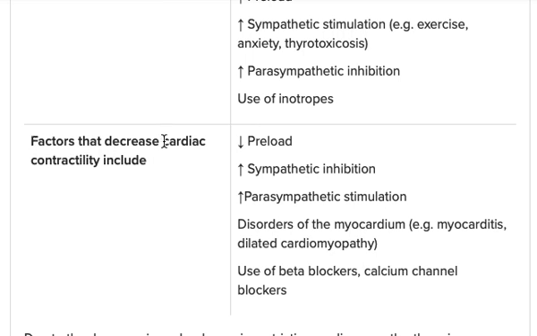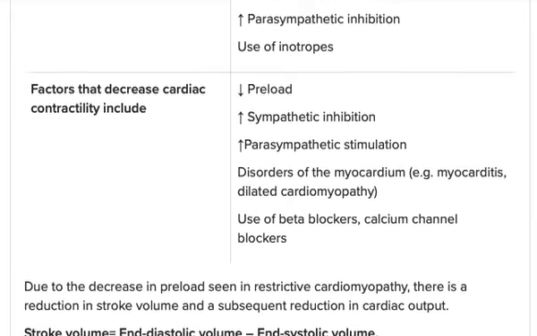Factors that decrease cardiac contractility include decreased preload, sympathetic inhibition, increased parasympathetic stimulation, disorders of the myocardium, for example, myocarditis, dilated cardiomyopathy, and use of beta blockers and calcium channel blockers.